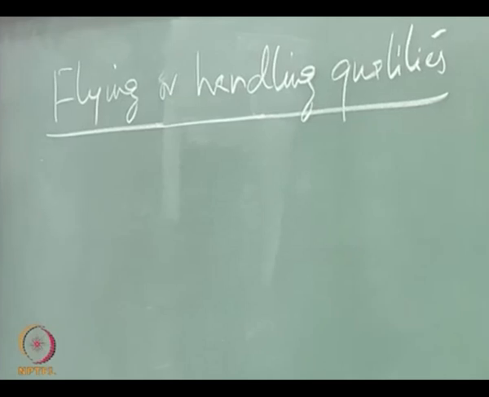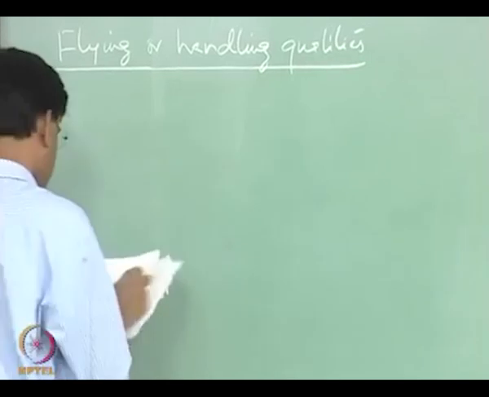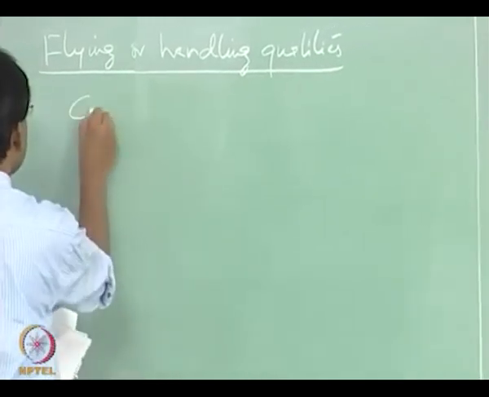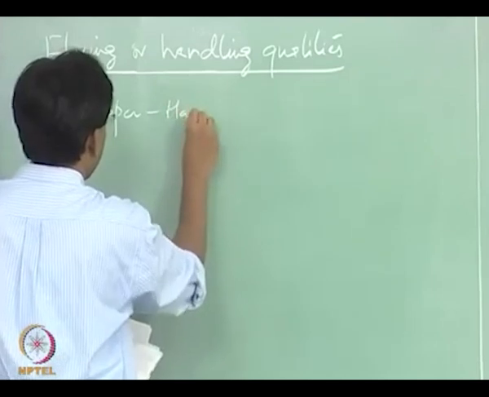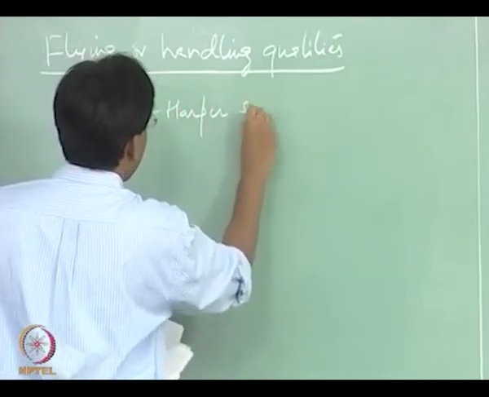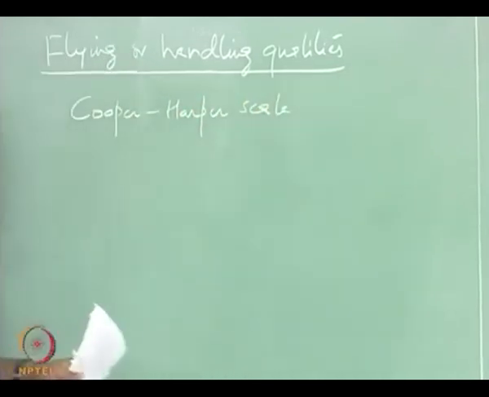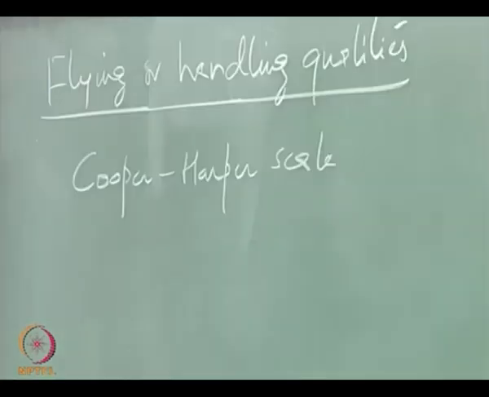So there is a scale, the Cooper Harper scale, on a scale of 1 to 10.